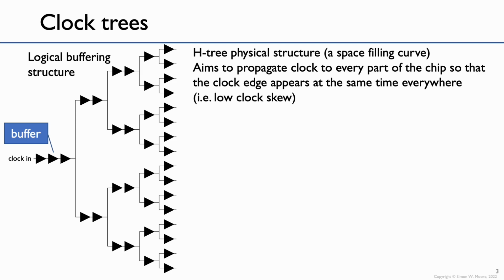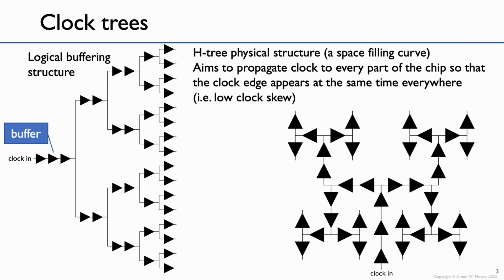So we've got the clock edge coming in, propagating all the way through this structure shown here. The idea is that if we look at the time difference between the clock edge on the leaf nodes, the rising edges and the falling edges should basically line up in time, i.e. very low clock skew.